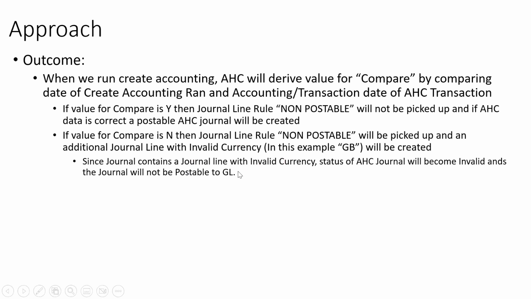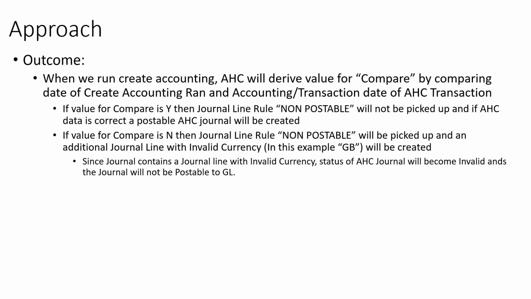And hence the accounting for that transaction will become invalid and it will become non-postable to GL. So this is the whole approach we could think of for the business requirement which we came across.